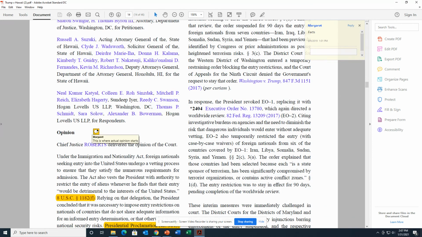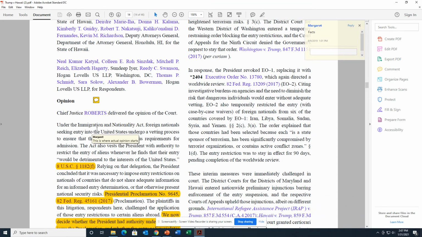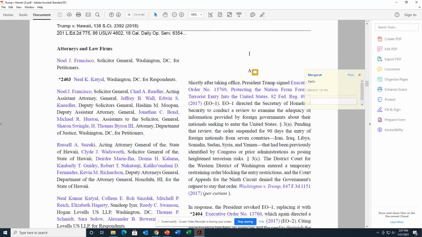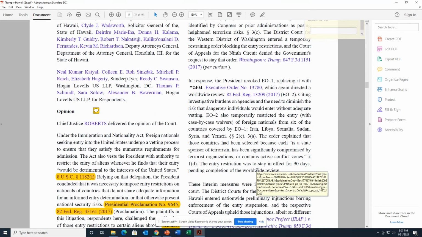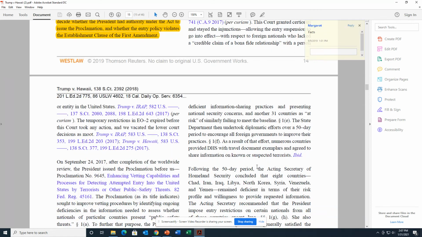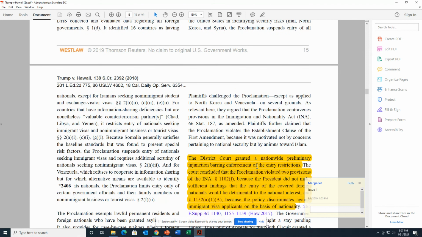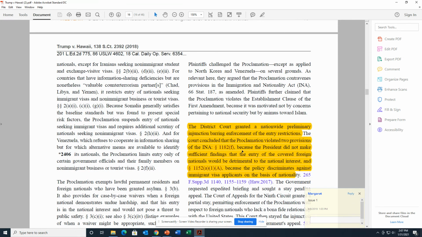Okay, here's my opinion. This is where you can start quoting things. There we go. Here's my rules. Rules. I knew that didn't make sense. Okay, rules. And then here is my facts. Boom. A lot of information on facts. Here's my procedural history.